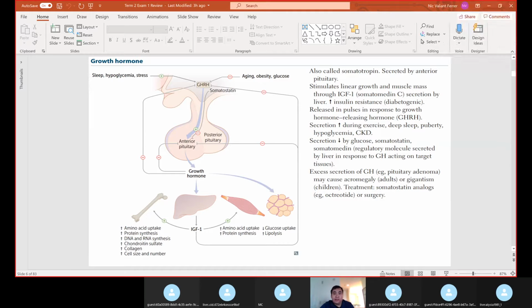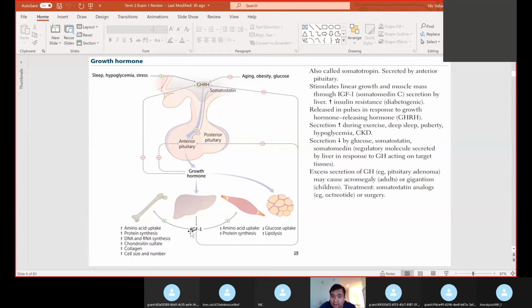So that's my question. Think about GH as anti-insulin. If it is anti-insulin, how come it produces insulin-like growth factor?